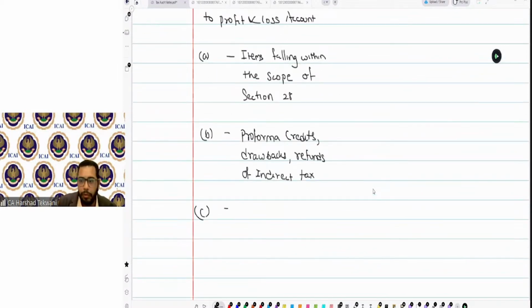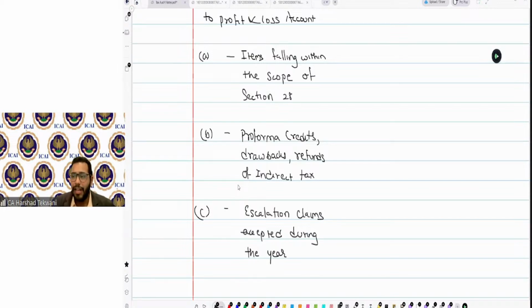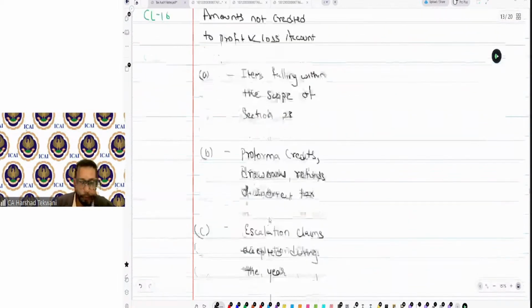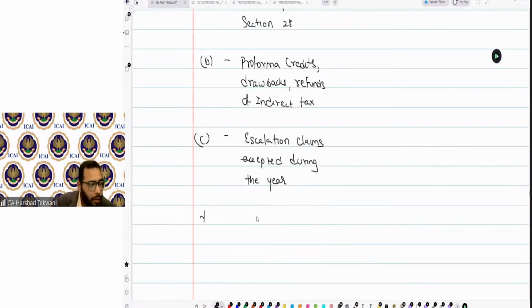C is escalation claims accepted during the year. If any such item is there with respect to an escalation claim and it is not credited to the profit and loss account, then again that is required to be reported over here. D is any other item of income.